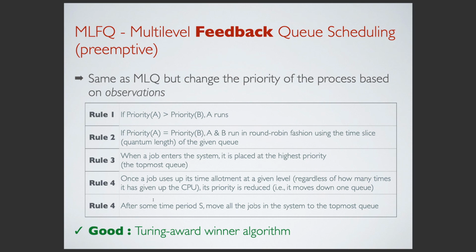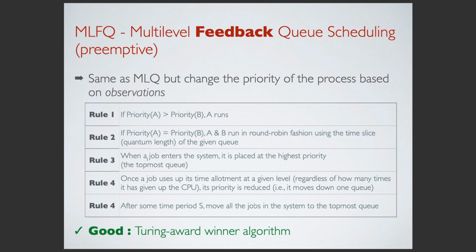This scheduling process is going to change the priority of the programs based on a set of rules, okay? And the 5 base rules are as follows. Of course, we're going to keep the same ones as before, meaning if one process has a higher priority than the other one, it should run, okay? If 2 processes have the same priority, we do round robin fashion, okay? So that doesn't change.